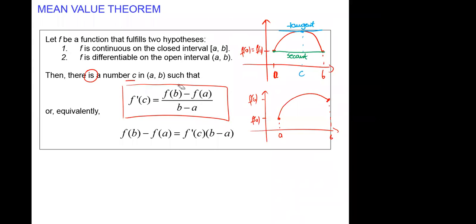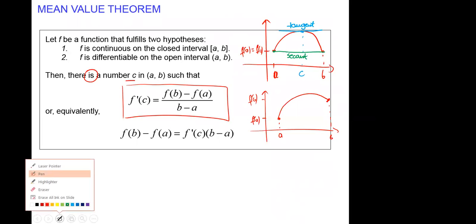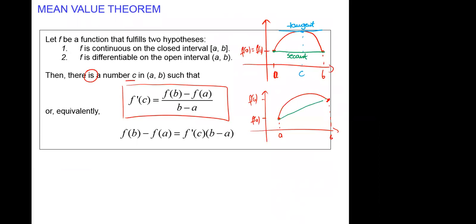What do you think this right-hand side is? (f(b) minus f(a)) over (b minus a). Do you think it's the slope of the secant line, the average rate of change? If I connect this, it's simply the secant line, because how can I get the slope? I get the change in y over the change in x.